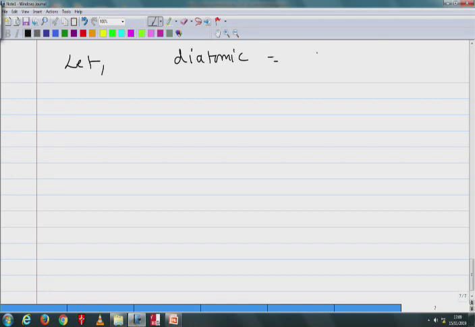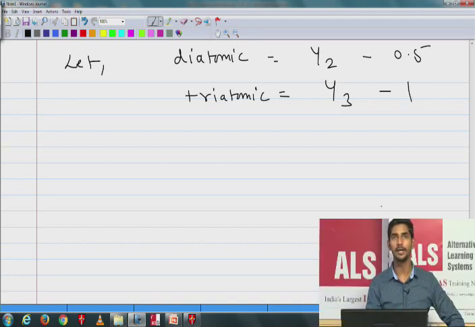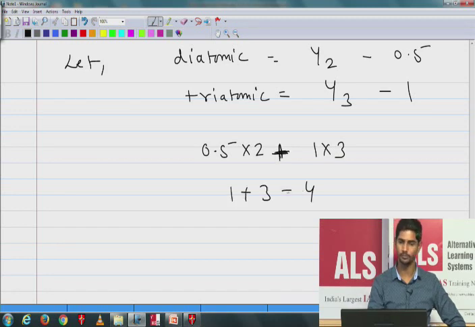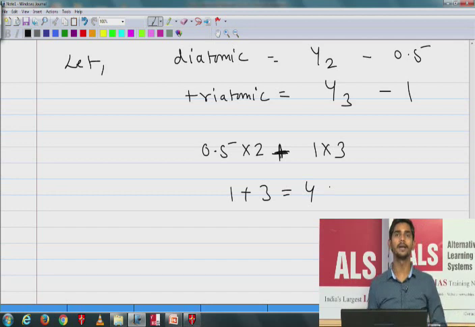Diatomic means 2 atoms, so you can say this is Y2. And triatomic means what? This is Y3. The moles given are 0.5 and 1. They are asking for the total number of atoms. So what will you do? 0.5 into 2 plus 1 into 3. On solving, we'll get 1 plus 3 equals to what? 4. They are asking for the total atoms, na? Now got it?